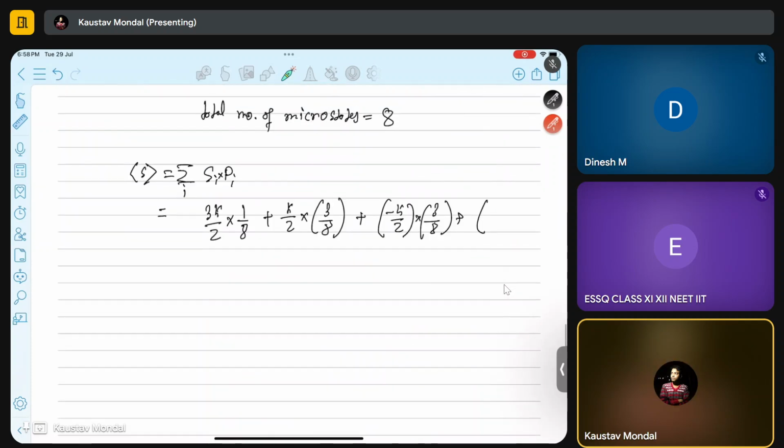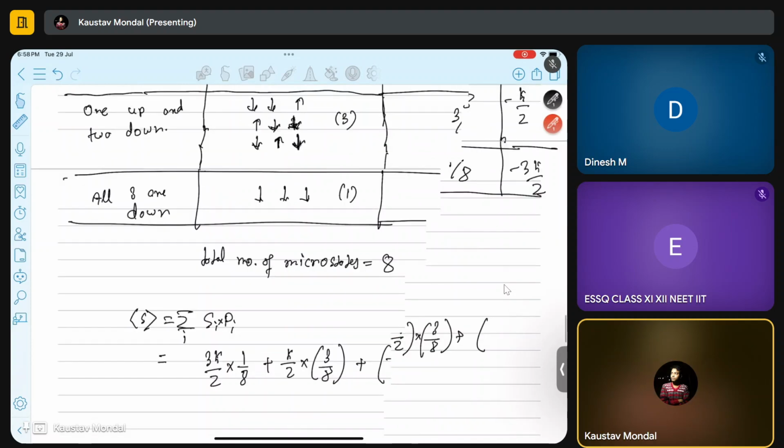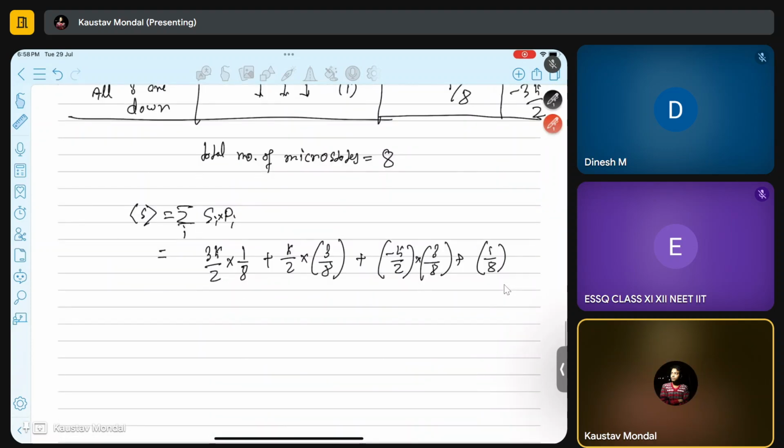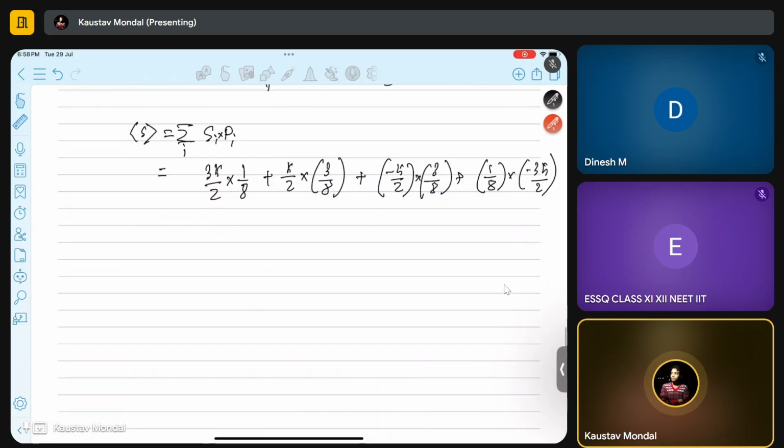So it would be 1 by 8 into minus 3h cut by 2.